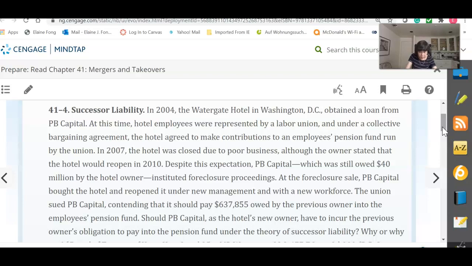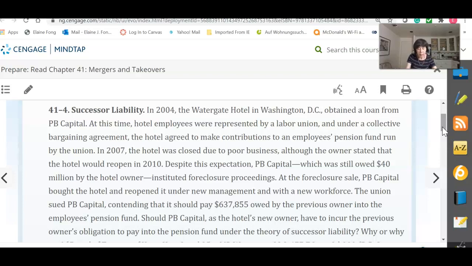All right. In this particular case, it seems very unlikely that a court will find that the successor to the hotel, PB Capital and its owners, has the burden to pay the previous owner's debt. There doesn't seem to be any exception that we fall into here.